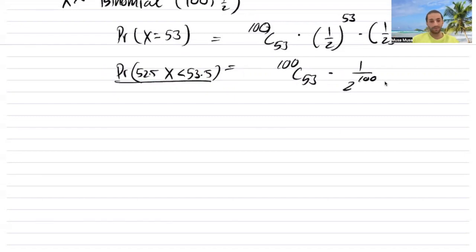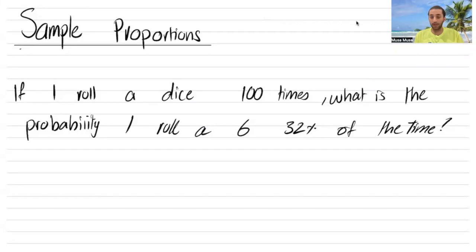But yeah, that's that. Okay, and the last thing that we have to discuss in terms of statistics is sample proportions. So sample proportions concerns where we're not really worrying about the number of successes, we're more worried about the rate of successes or the proportion of successes. This is used all the time.